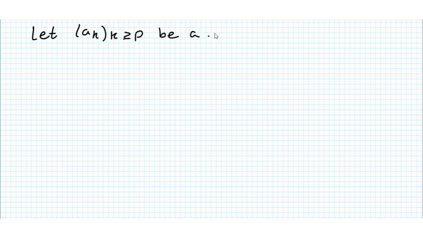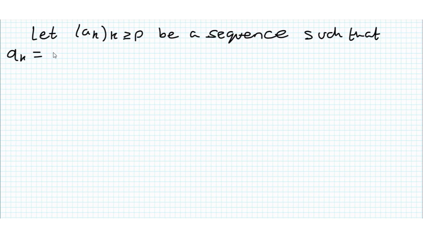Part of this series we looked at the ratio test for sequences, and there is an equivalent ratio test for series. Very similar. So if we have a sequence, a_k, defined for values of k greater than or equal to p, such that none of the a_k, none of the individual values in the sequence, are equal to 0.